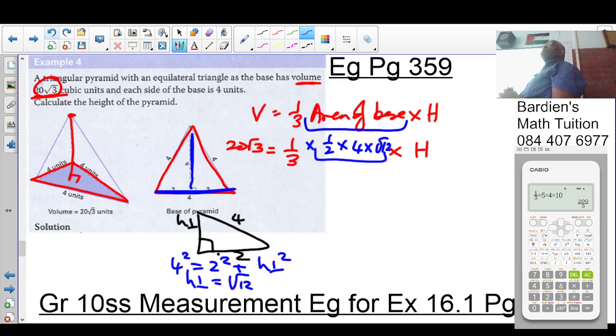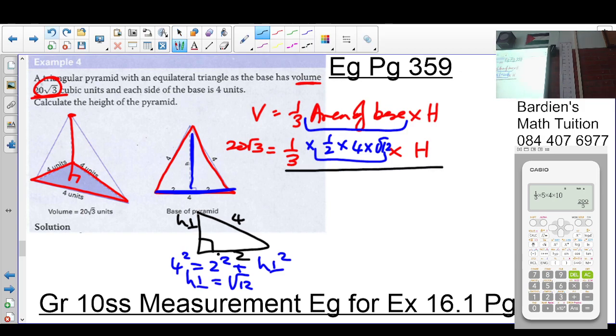People, how do I get h on its own? How do I get the height on its own? You divide both sides by a third times half times 4 times the root 12. So you do the same on the other side. So it's a third times a half times 4 times the root 12.